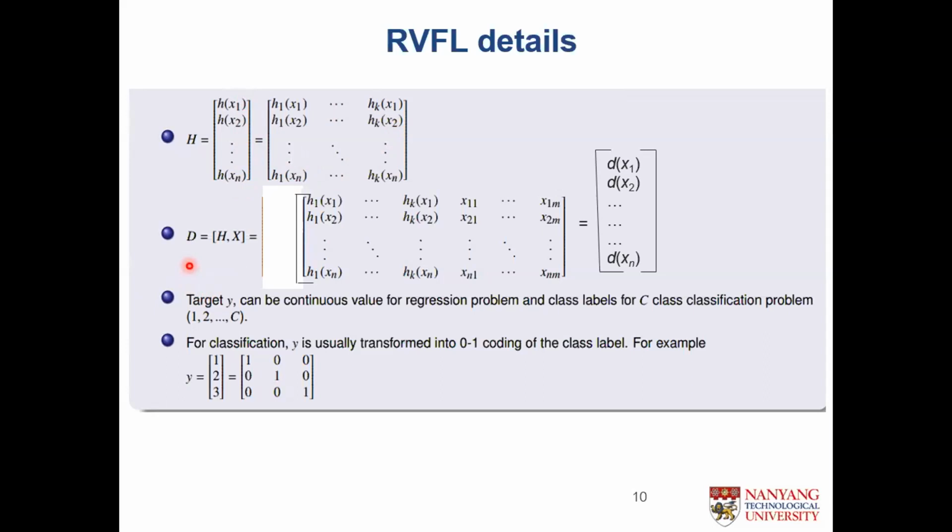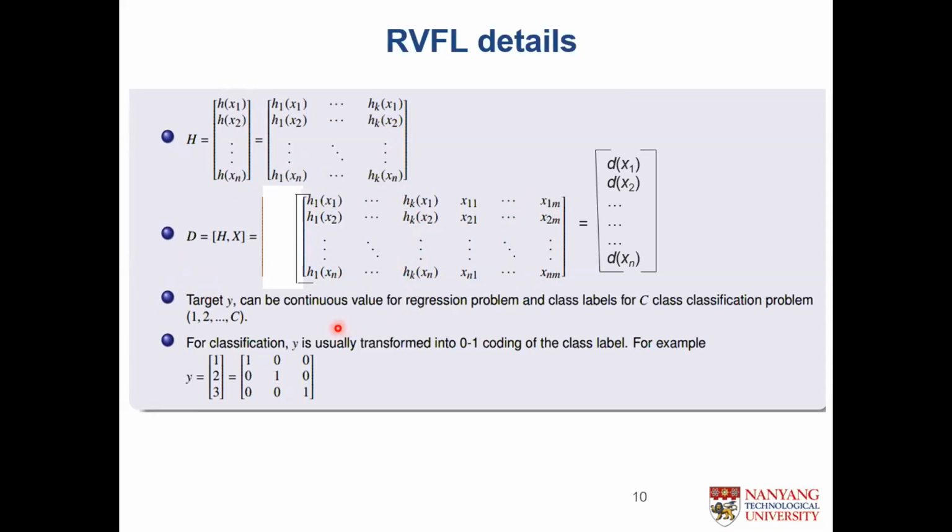And the capital D is the data matrix. It is the concatenation of outputs from the hidden layer neurons H and the input data. So these are the outputs from the hidden layer neurons, and these are the original input data coming through the direct links, and they are concatenated here.